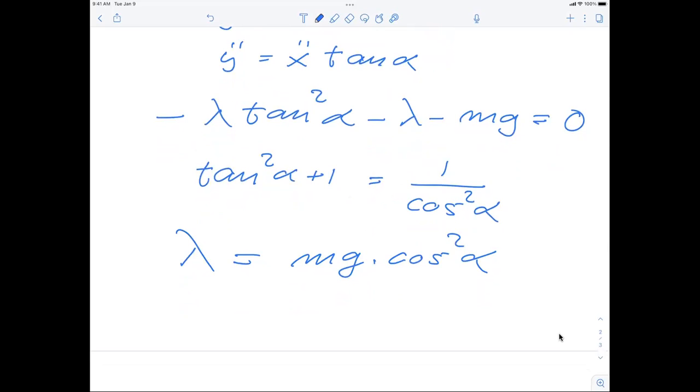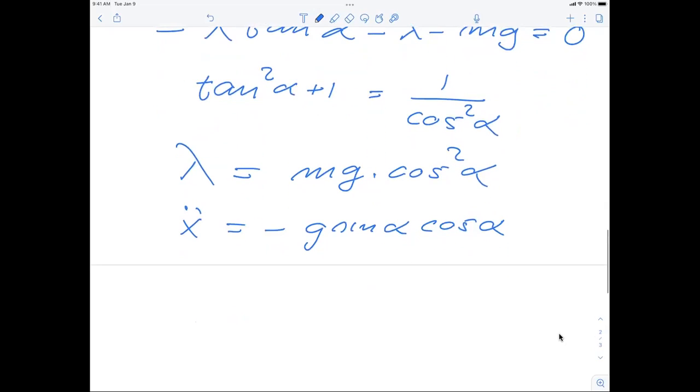My equation for x becomes equal to minus g times sine alpha times cosine alpha. And then I have a y, second derivative, which becomes minus g times sine alpha squared.